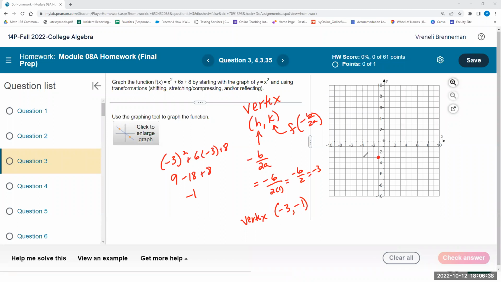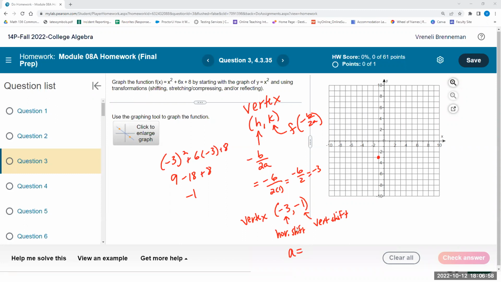Now, this is going to be graphed using transformations. The vertex corresponds to the horizontal shift and the vertical shift. The only other piece you need for the transformations is a.